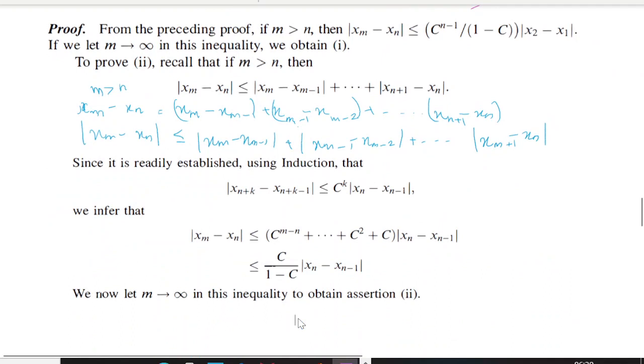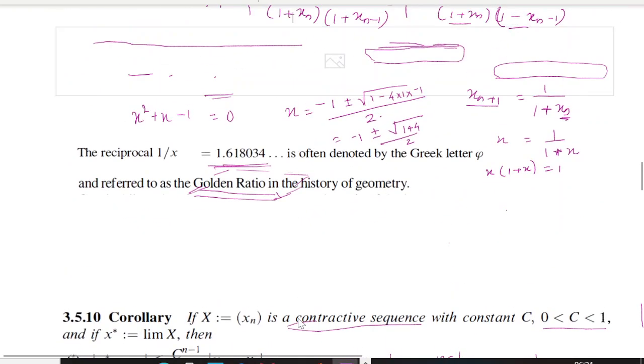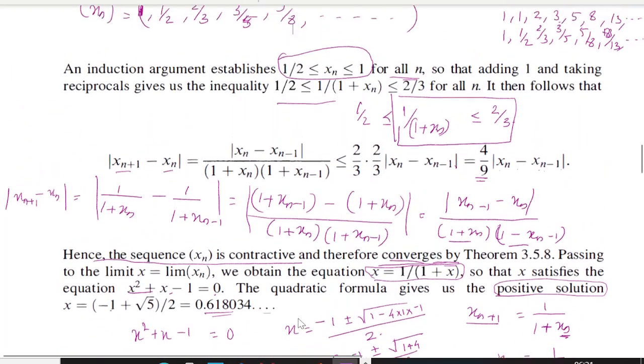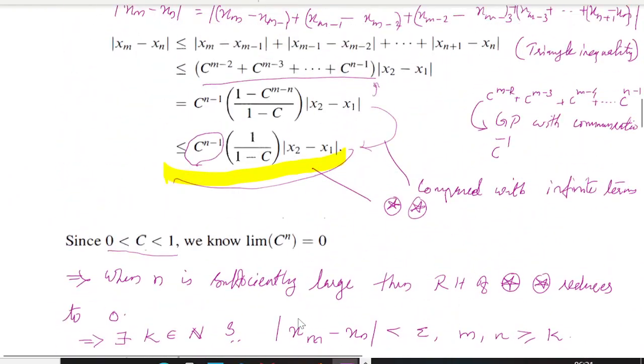Since it is readily established using induction that modulus of xn plus k minus xn plus k minus 1 is less than or equal to c raised to k into modulus of xn minus xn minus 1. From where did you get this one? We will use induction steps to show this.